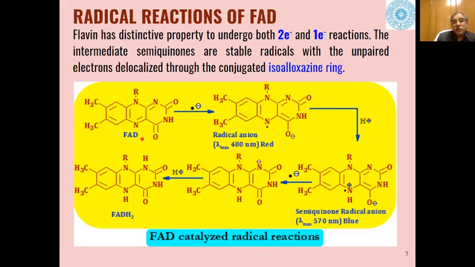For example, if FAD is reacted with a free radical, then this will add to nitrogen 5 of this isoalloxazine ring. So we will get this type of radical anion which will absorb at lambda max 480 nanometers.